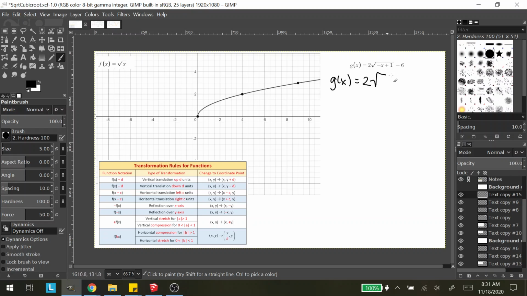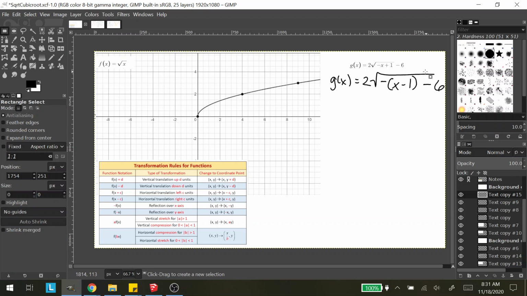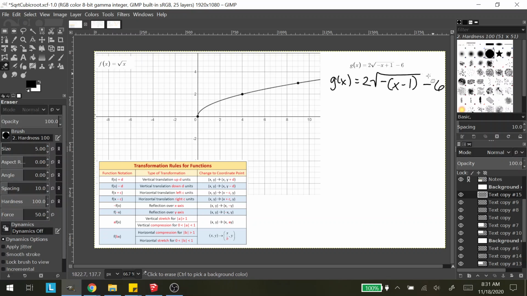That negative in front of the x is actually going to cause us a problem. I've got to pull it out. And this is actually currently incorrect. I've got to erase that line. I can't have the line over the negative and the 6 because it's outside.